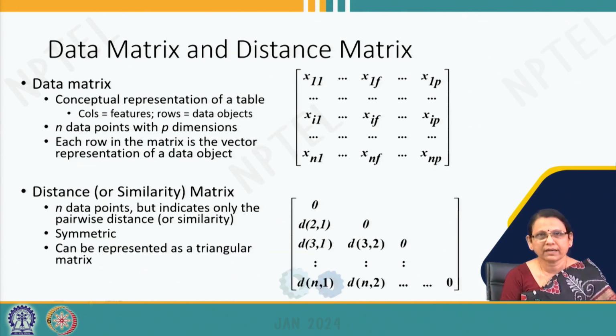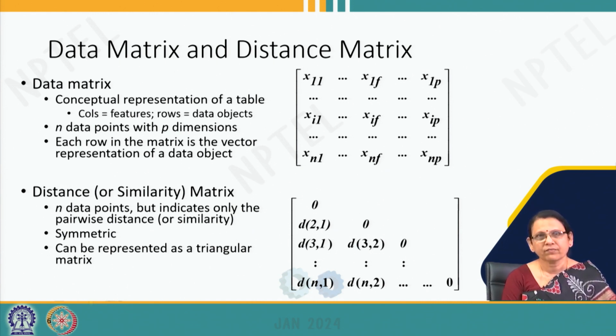So, if we have a data matrix where the objects are characterized with p number of features and there are n number of such elements, then when we construct the similarity or distance matrix, we have to compare all these n points with each other.